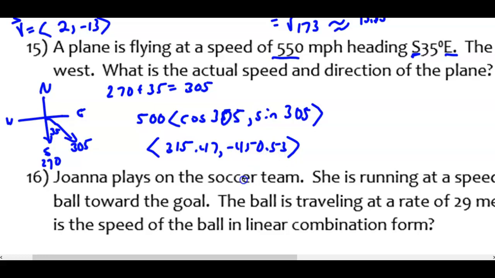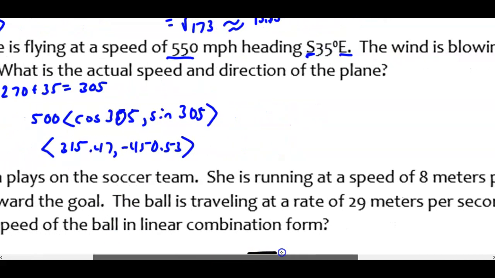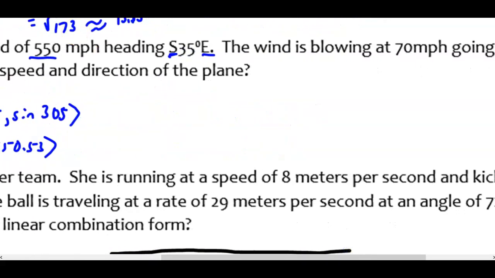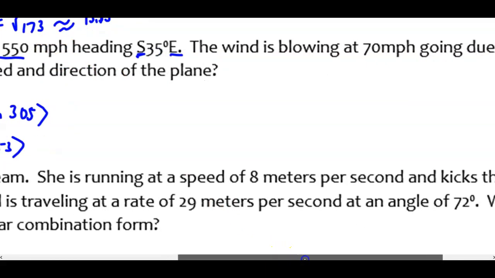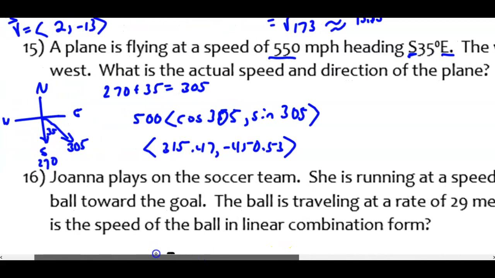Then we have to do the other side. The wind is blowing 70 miles per hour going due west. The wind's blowing that way, that's 180 degrees.